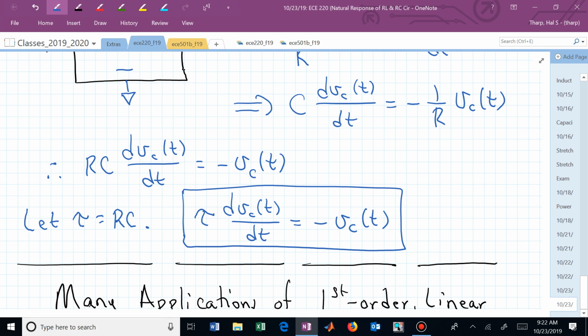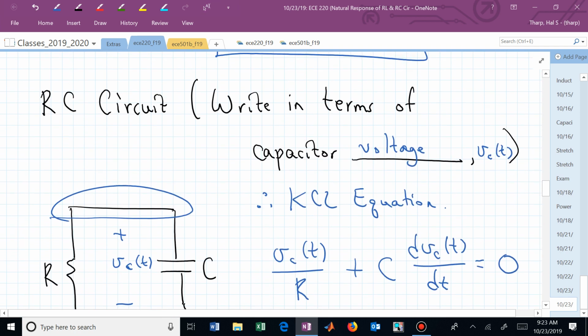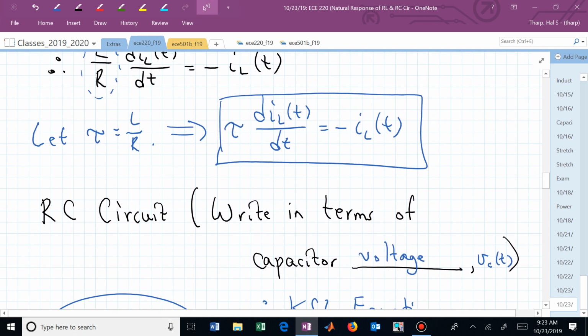Now our time constant, tau, is different, but the structure is tau dx dt is equal to minus x, where x in this case is the state variable associated with the capacitor, which is its voltage. That should be structurally consistent with the inductor first order differential equation.